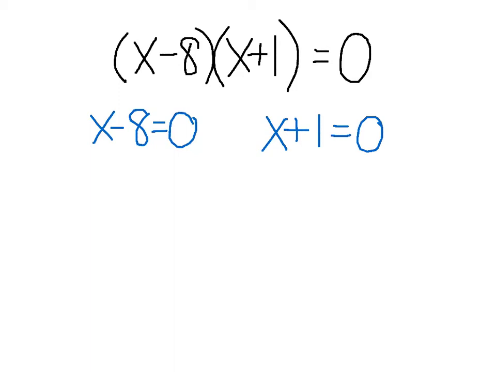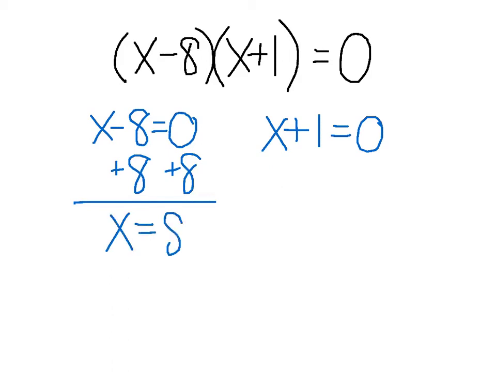This is because one of these has to be equal to 0 because any number times 0 is 0. So if we know this, we know that we can add 8 to both sides and get x equals 8, or we can subtract 1 from both sides and get x equals negative 1.